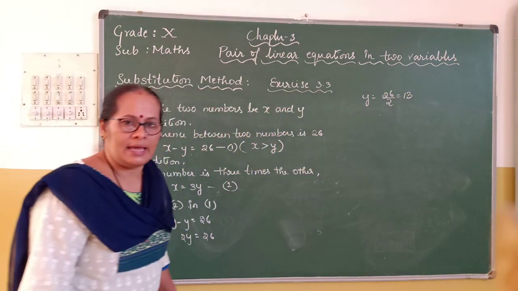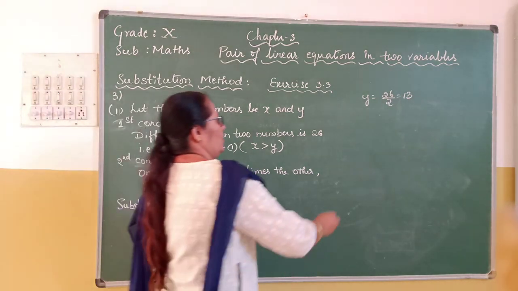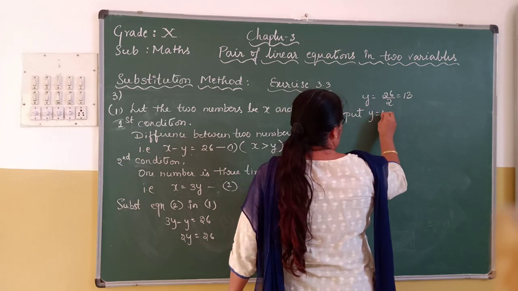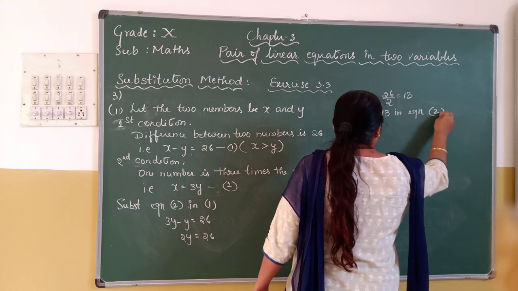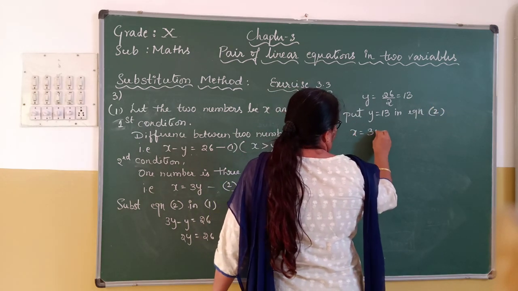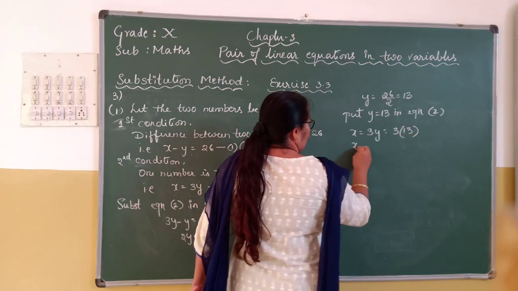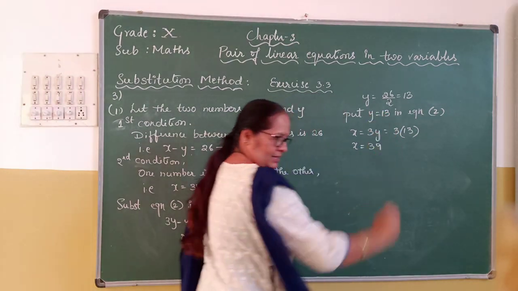Now we got the y value. Now find the x value. So put y equals 13 in equation 2. So x equals 3y. Here y is 13. So x equals 3 into 13, which is 39.